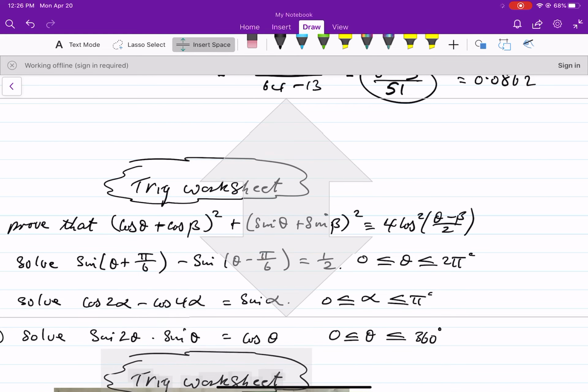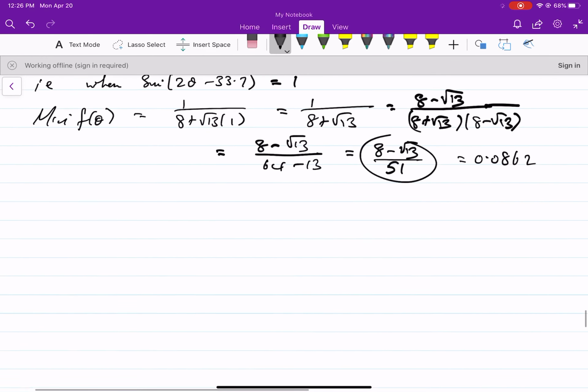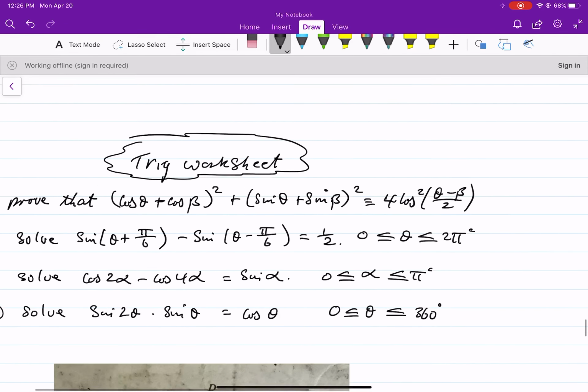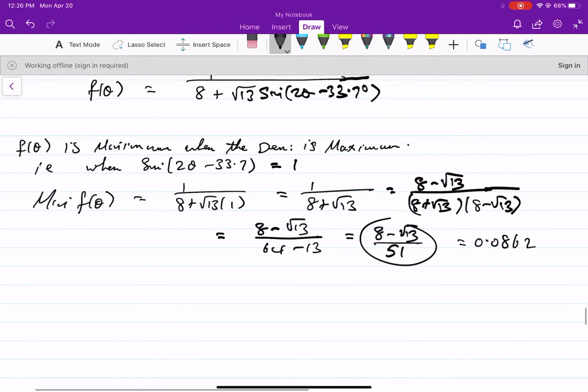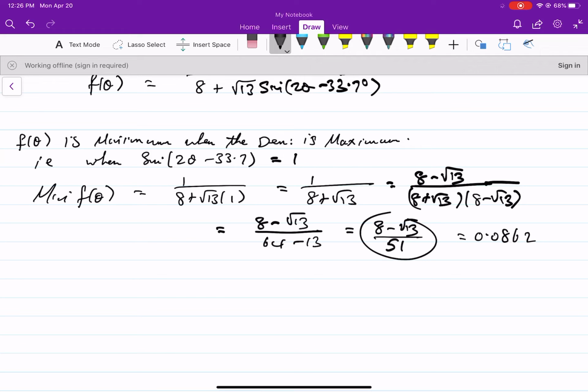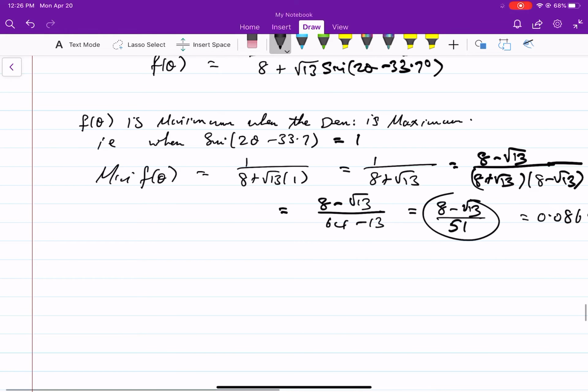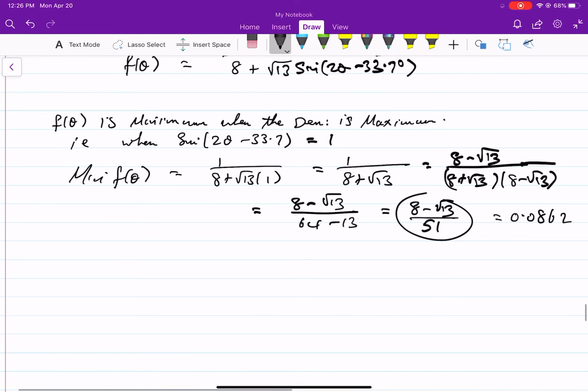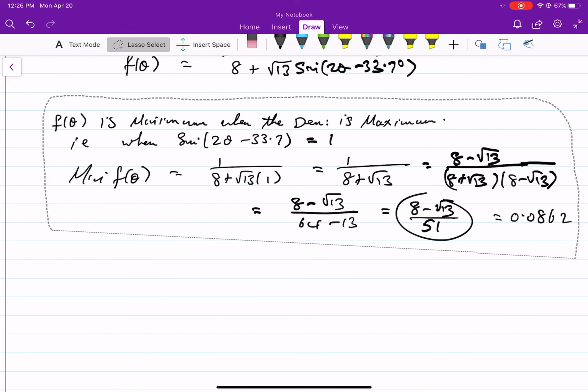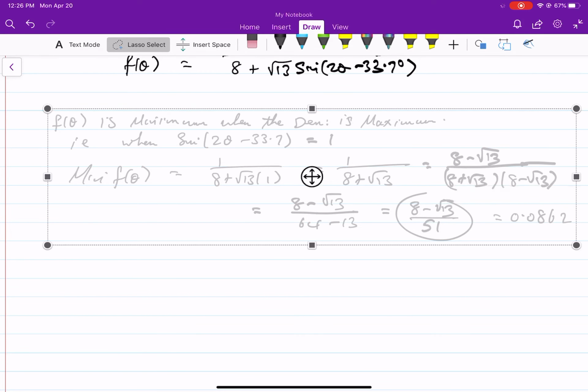Now, what's the minimum value of theta that causes this to happen? Give me a minute here. Now you gotta start writing more left justified.